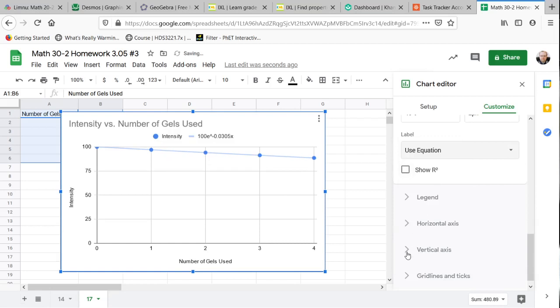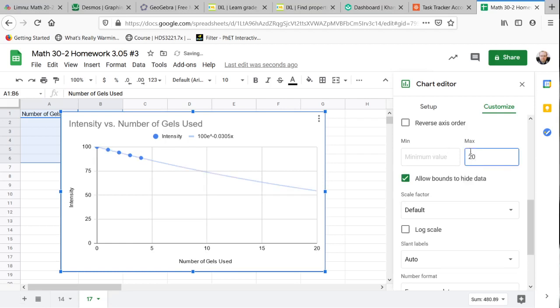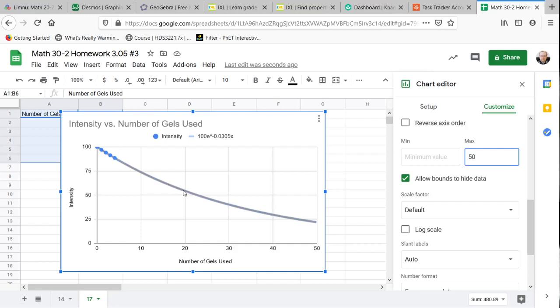We want to use the equation. Our vertical axis is fine. That goes from 0 to 100. Let's go at first 20 for the max. That's not going to do it. Let's go 50. 50 will get us to the 40% mark. So at this point, we seem to be losing 3% per gel.